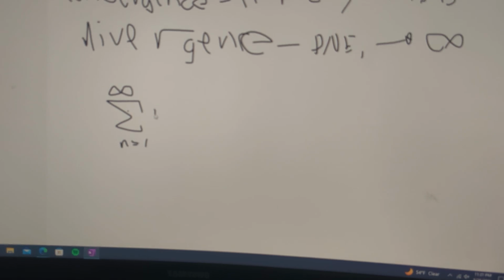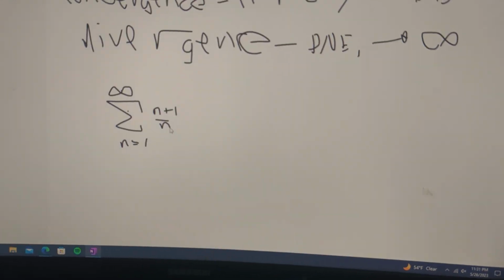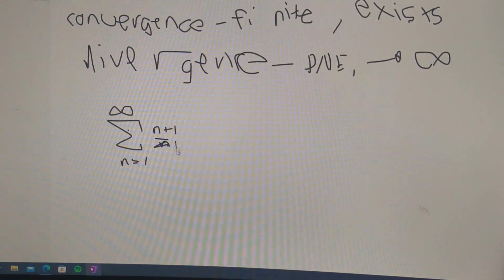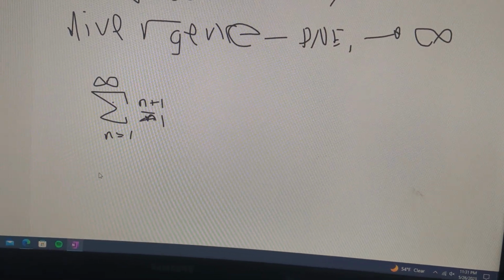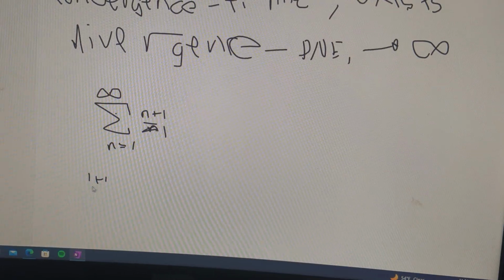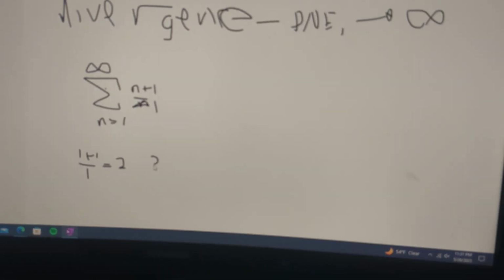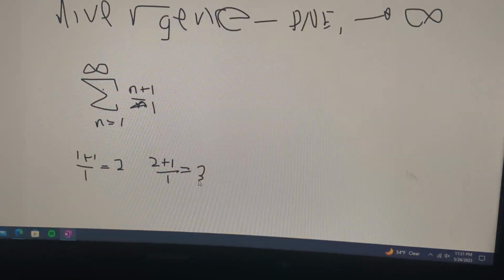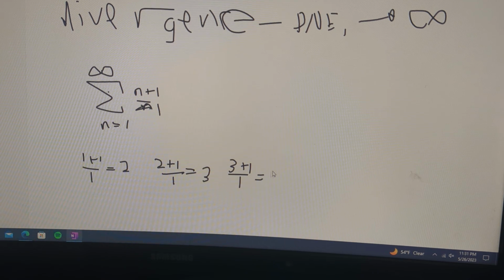So if we were to take something like the series of n plus 1 over 1, all right? If we were to take that series, 1 plus 1 over 1 is equal to 2, 2 plus 1 over 1 is equal to 3, 3 plus 1 over 1 is equal to 4, and so on.